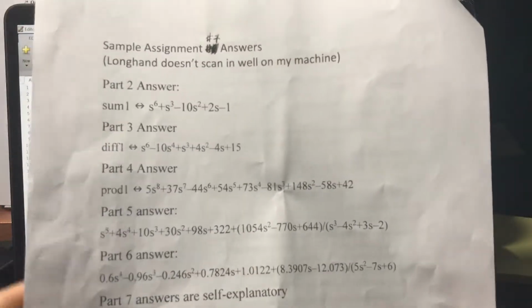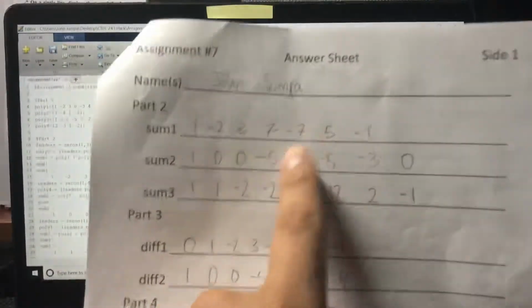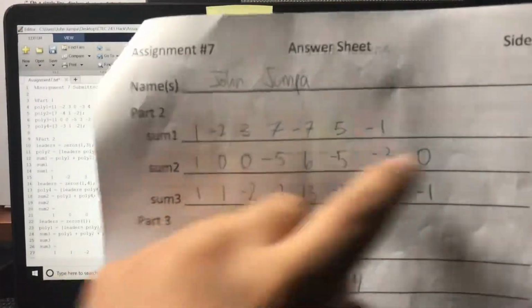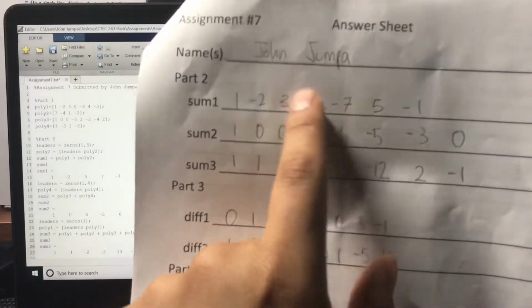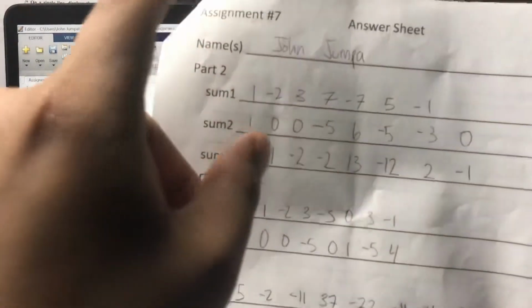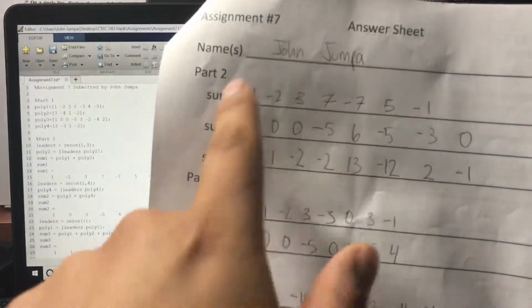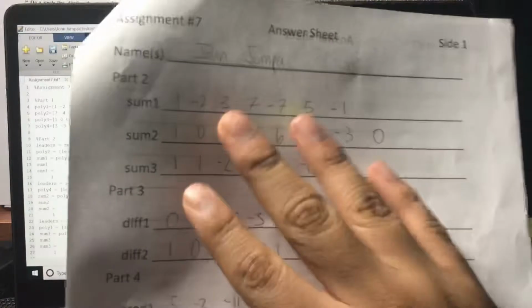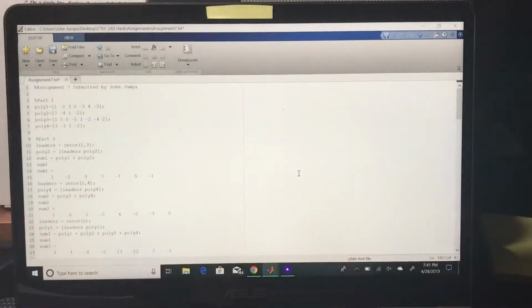It's going to be more like creating a polynomial like this after receiving something from MATLAB like this. So instead of 1, it'll be s. Let's see, 1, 2, 3, 4, 5, 6. So s to the 6 minus 2 s to the 5th, and so on and so forth. So I'm not going to explain about this. What I want to explain is how to do this.